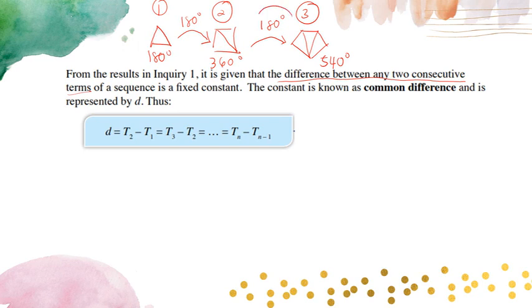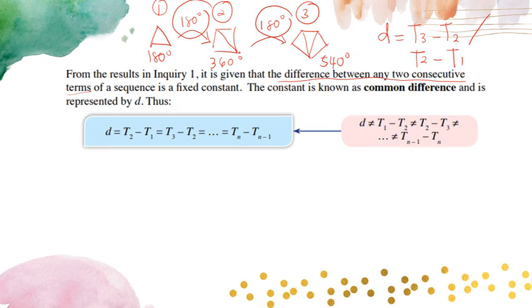So this one is known as the common difference. So D is obtained from T3 minus T2, shape number 3 minus shape number 2, or shape number 2 minus shape number 1. So this is the common difference.